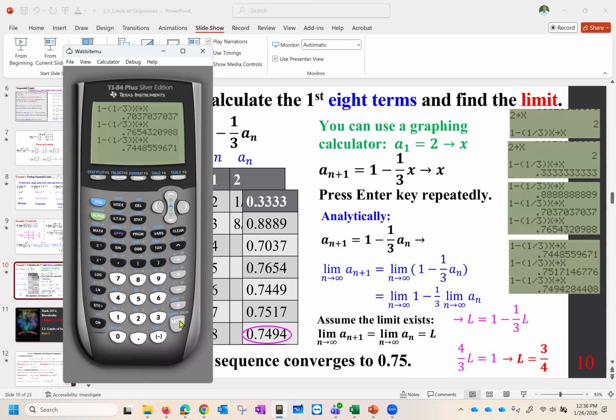See, it oscillates between 0.76 and 0.74, then it goes to 0.75 something, 0.749. If you have doubts that the answer is 0.75, do a few more. See? It shows that the limit must be 0.75. And again, even if you go further, definitely it indicates the answer is 0.75.